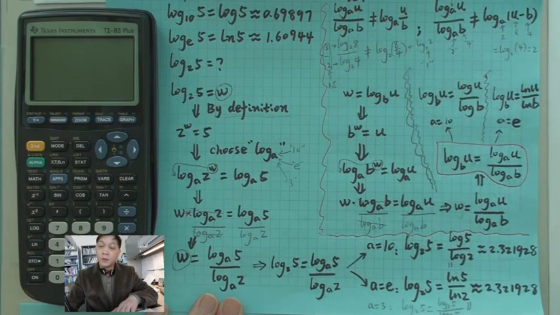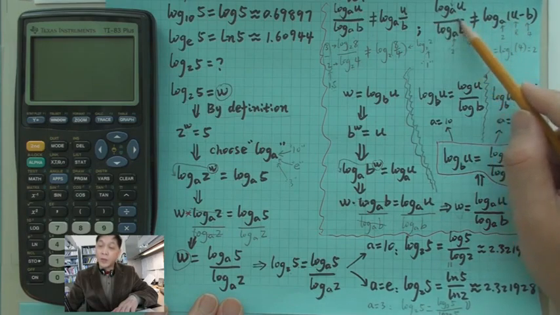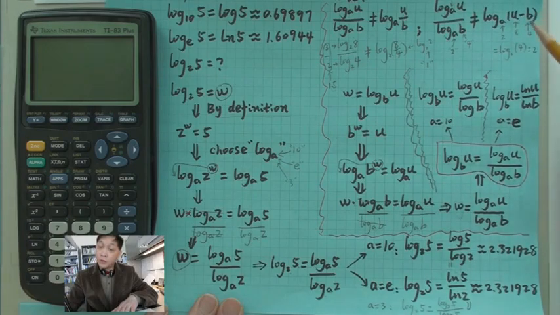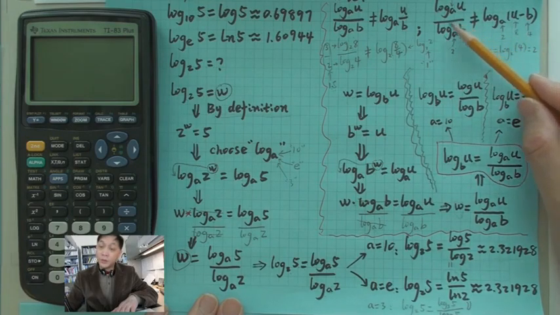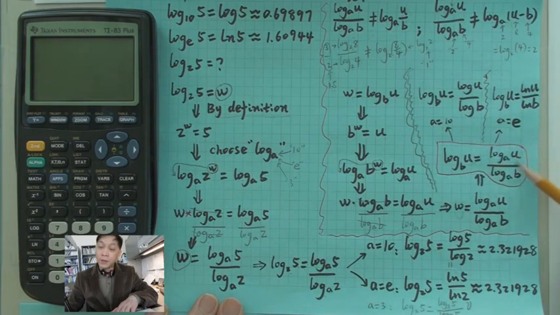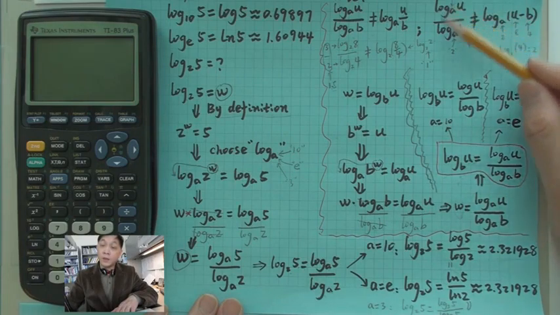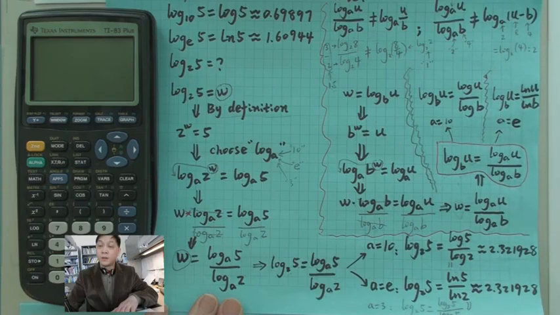Another thing is that you may recall division becomes subtraction, but remember they are different. Here, one log divided by another log, A disappeared, and U and B are still there. In the denominator, this B will be a base, and this U is B to the U. This one again is also different from that.